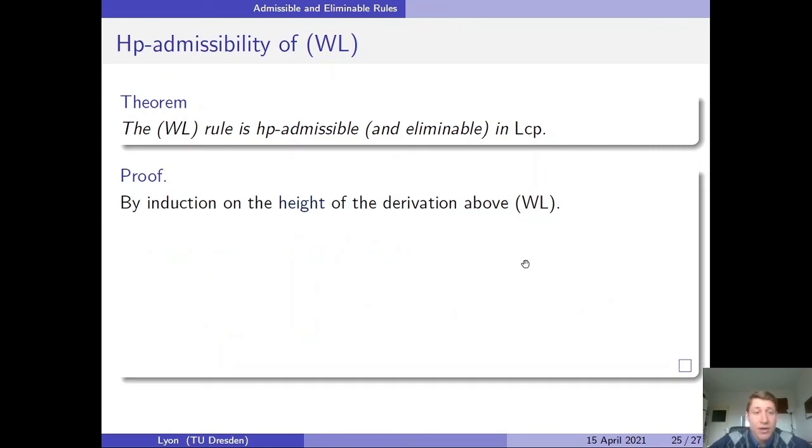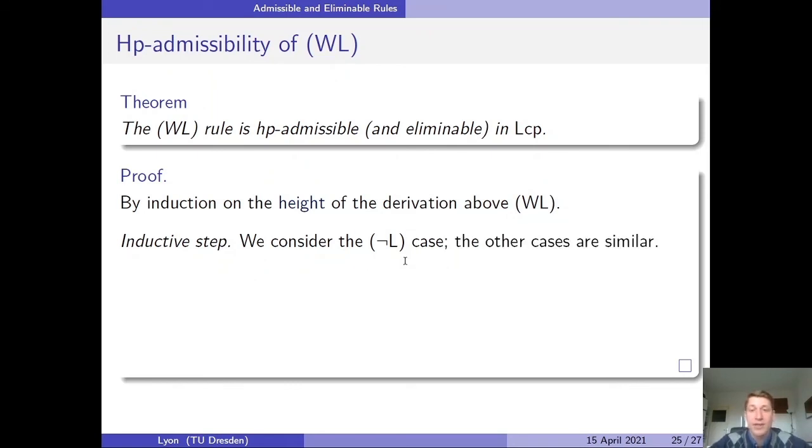Now let's look at the inductive step. And usually when we prove things by induction on the height of a derivation in proof theory, in the inductive step, we make a case distinction. The case distinction is made on what is the last rule applied. So in this case, what is the last rule applied before weakening left? Well, we're going to consider the case where the last rule applied before weakening left in the given derivation is the negation left rule.